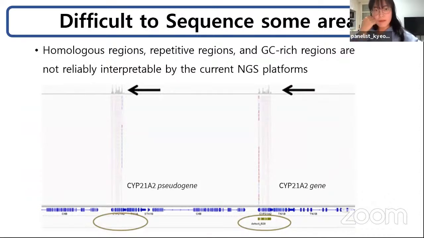And there are some difficulties sequencing some areas. Homologous regions, repetitive regions, and GC-rich regions are not reliably interpretable by the current NGS platforms. Homologous regions, including pseudogenes, are areas of the genome with high sequence similarity.